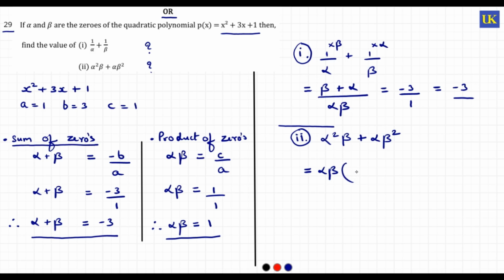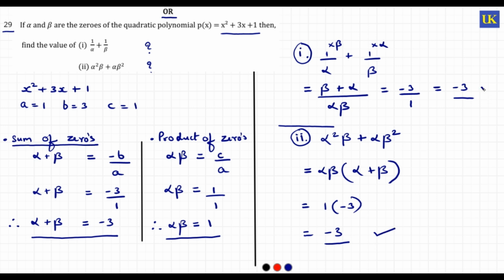Alpha one time has gone outside, so only one time it will remain. Beta is already outside, and one time beta will remain inside the bracket. So alpha into beta is 1, and 1 plus alpha plus beta is how much? It is minus 3. So the answer is minus 3. So this is our final answer.